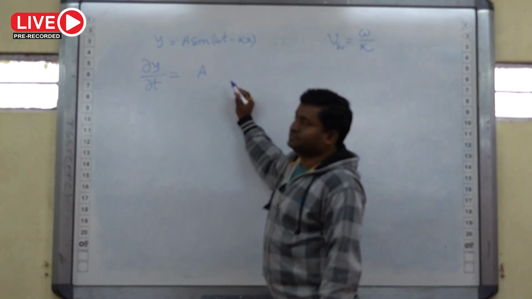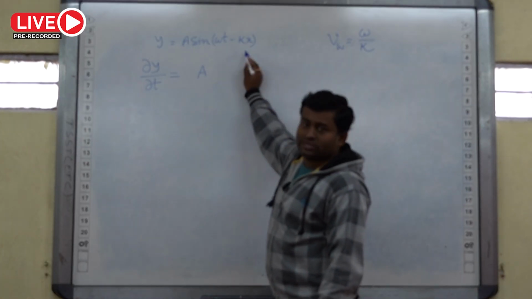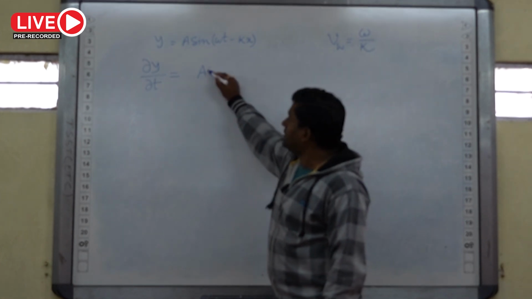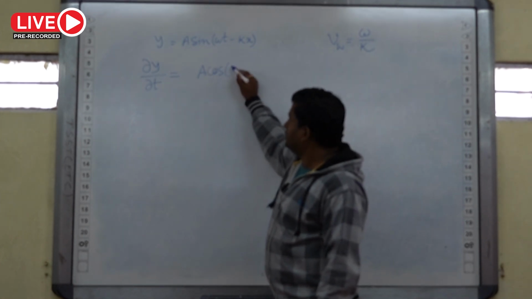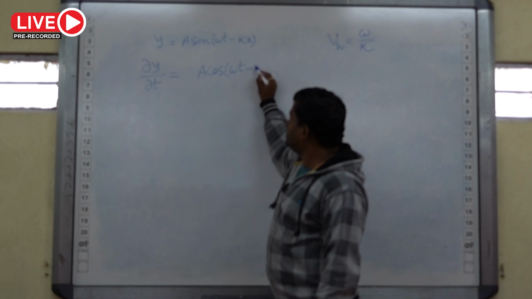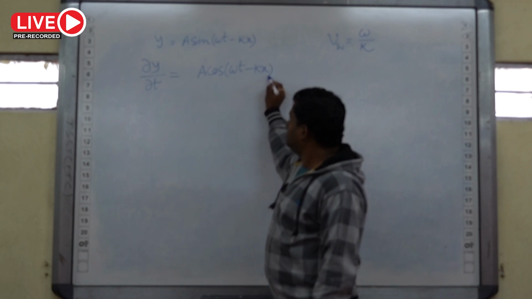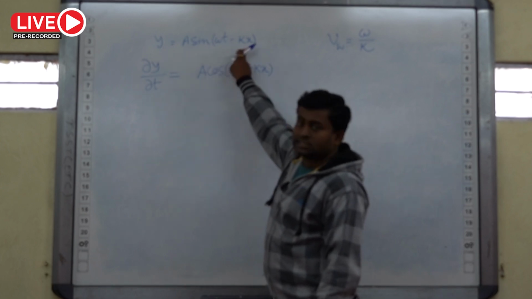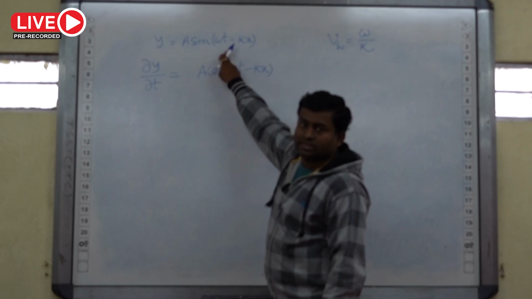A is there. Sine of this, its derivative will be cosine of omega t minus kx. Now you have to calculate the derivative of the argument, that is omega with respect to time.